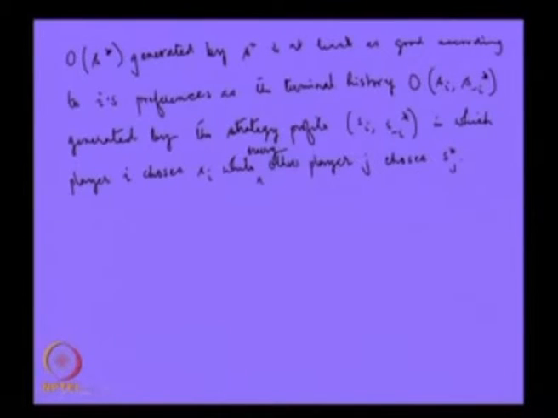Symbolically, you can write it as the following, that for every player i, it must be the case that Ui(O(s star)) is at least Ui(O(si, s-i star)).